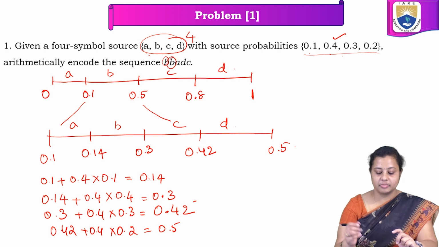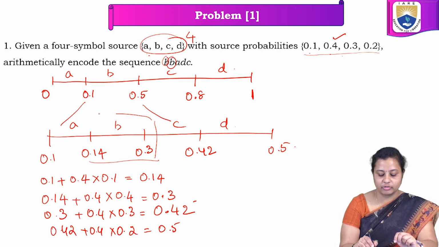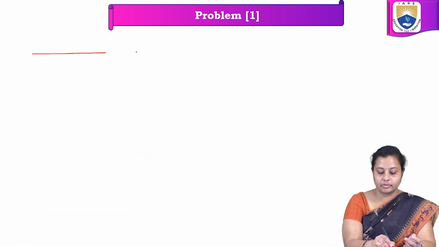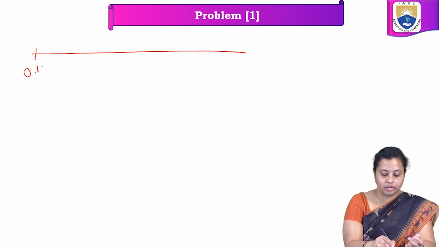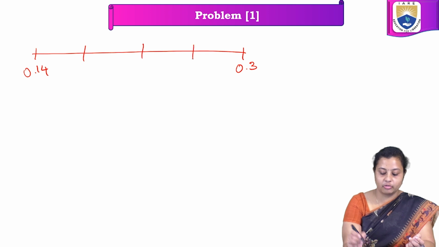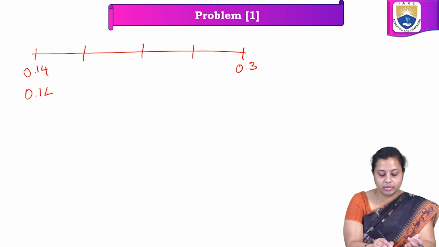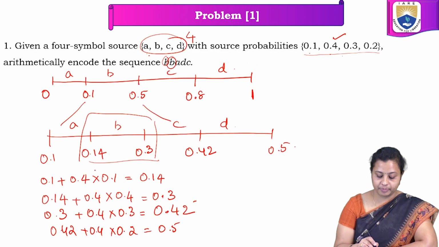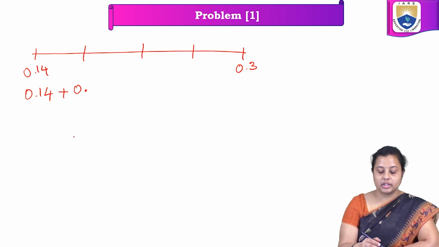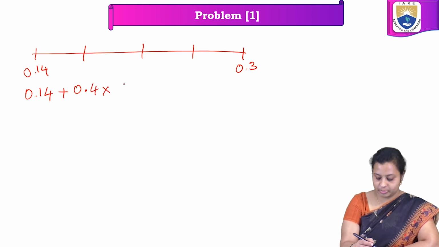Now my next symbol is B, so I will consider this range, which is 0.14 to 0.3, right? So I will continue here. Now I am dividing it again into 4 subgroups. The values are given by 0.14 plus the length here, 0.14 to 0.3, which is equal to 0.16, into the probability of my first symbol, 0.1.